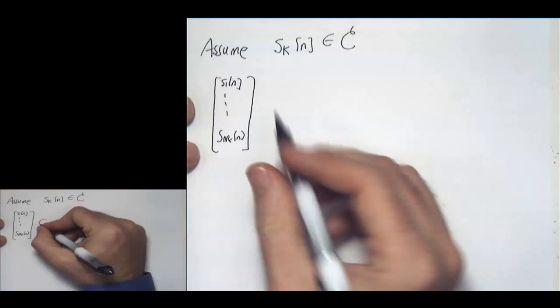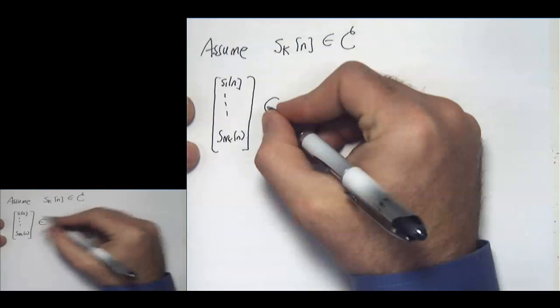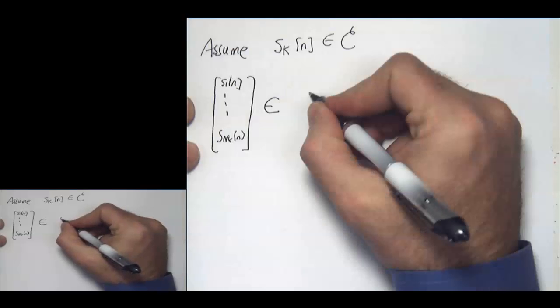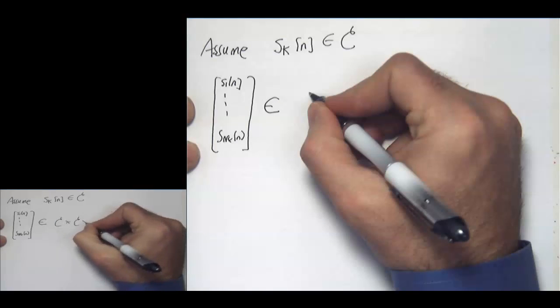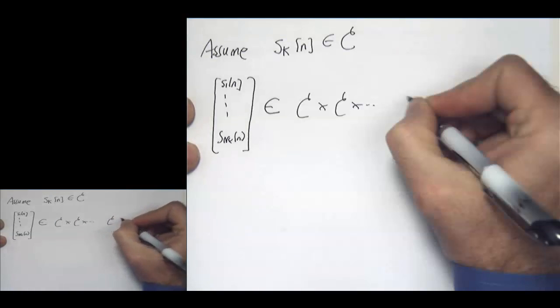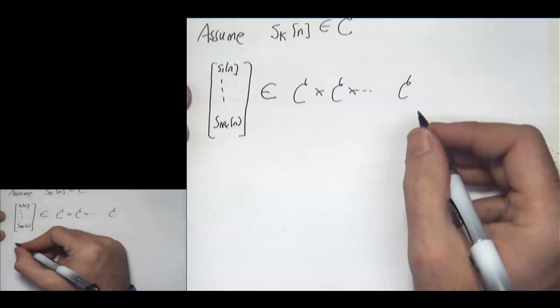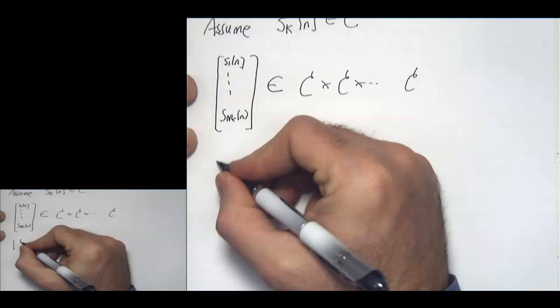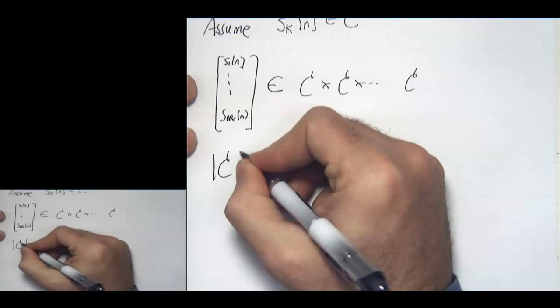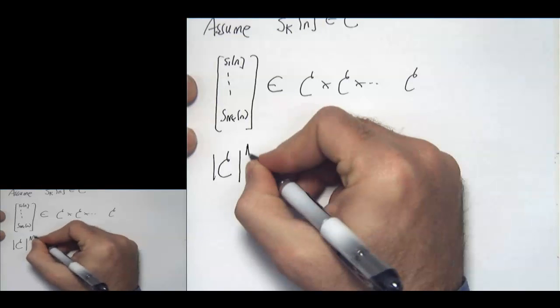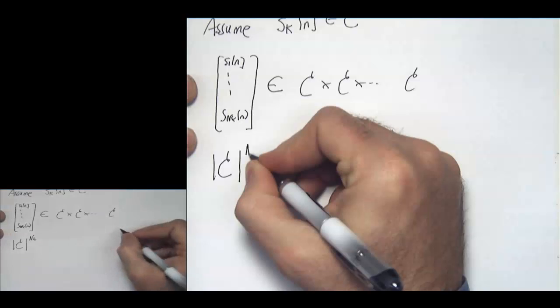And we write this as essentially a Cartesian product of all of these different constellations. The important point is that the cardinality of this, the number of possible constellation symbols, is the size of your constellation raised to the nt power.